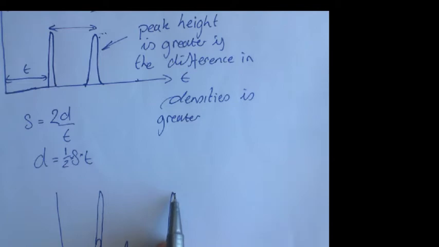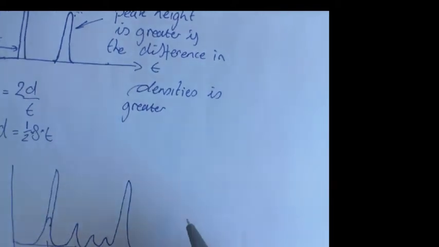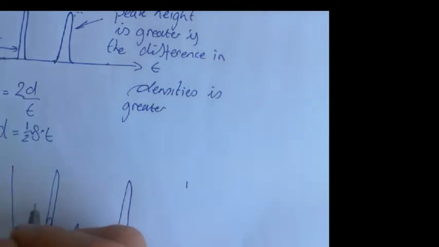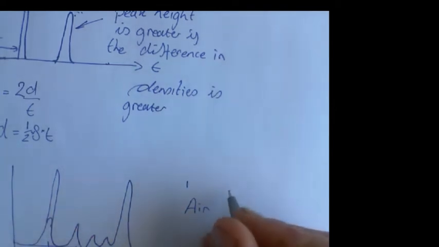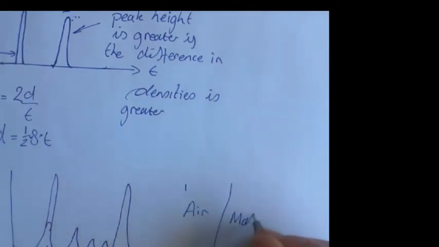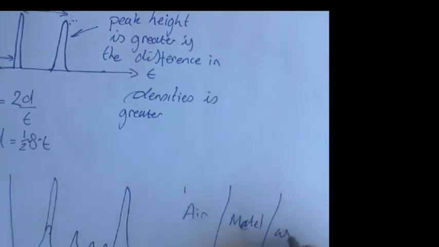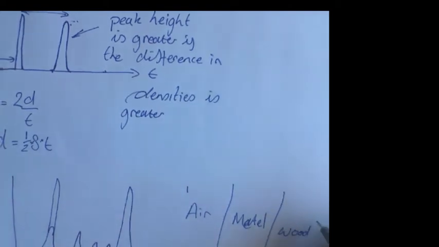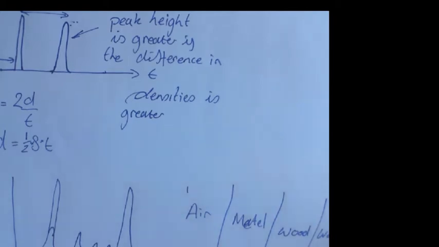If you were to build up an image of what that looked like, you're probably talking about something that's gone from air to metal to wood, to different types of wood, because these changes are really small. And then it's probably gone back to metal, and then back to air again.